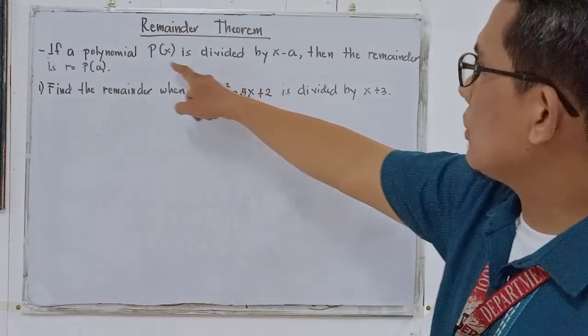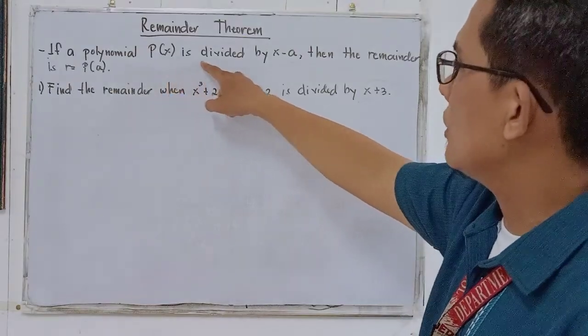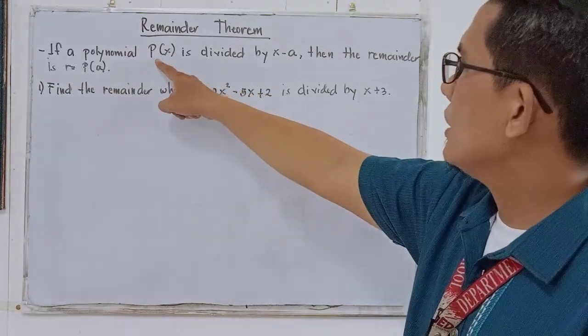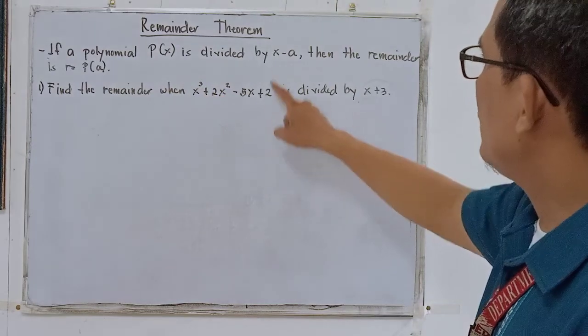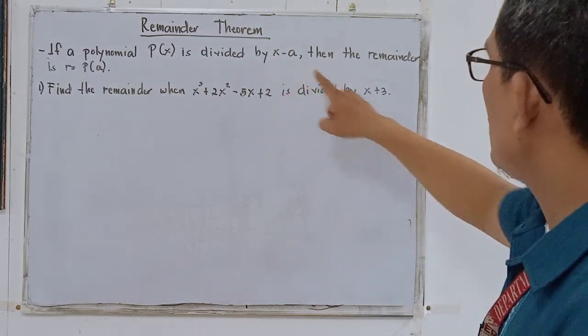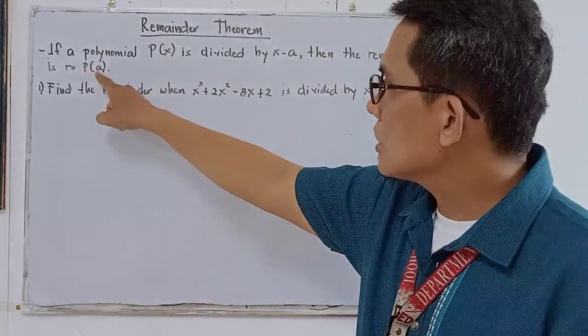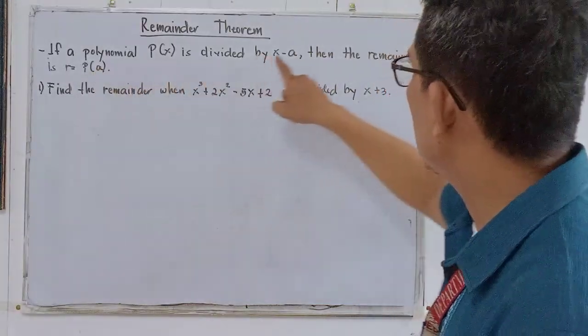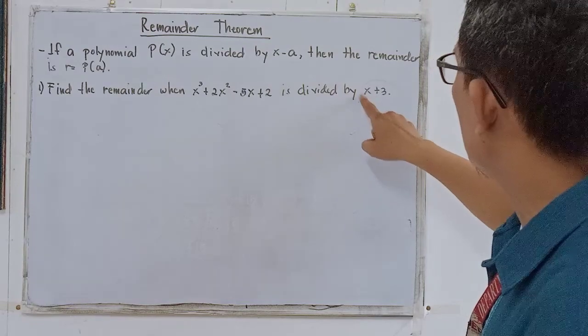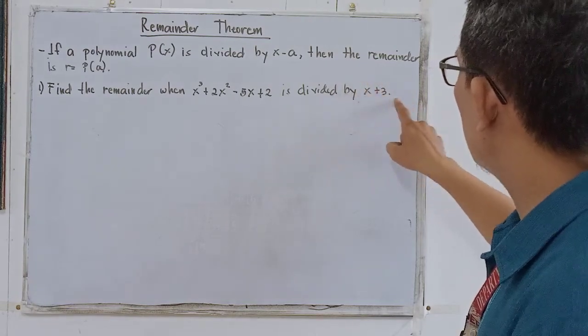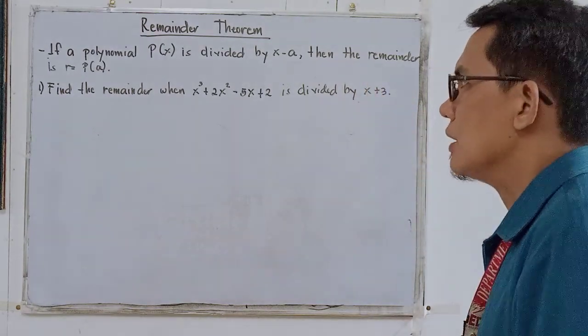With respect to our definition, p of x is our polynomial, divided by x minus a, which is our divisor, and the remainder will be p of a. So here, x is replaced with the value of a, whatever the value is after we solve x plus 3 equals 0.